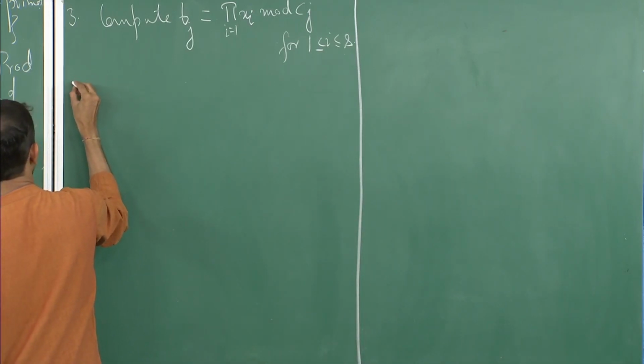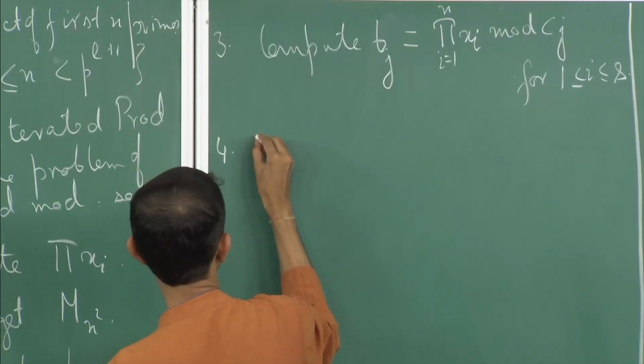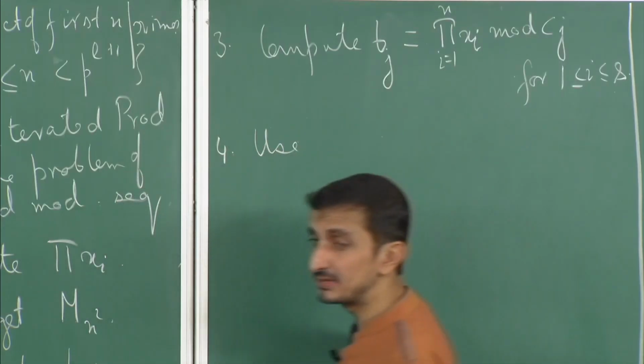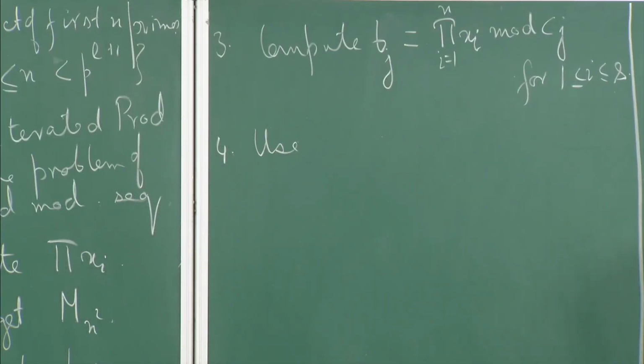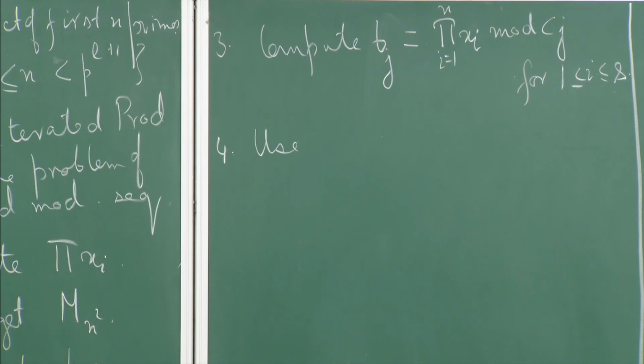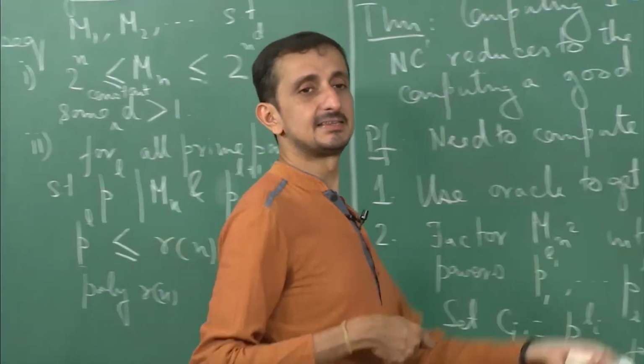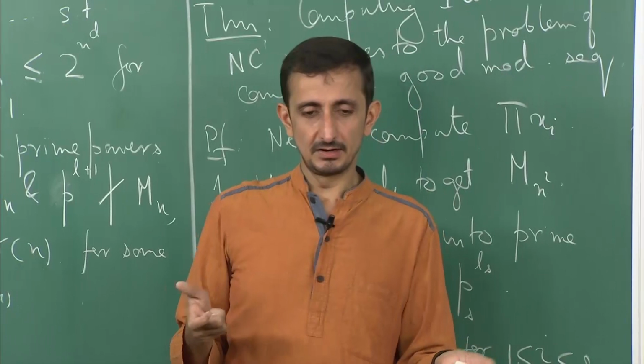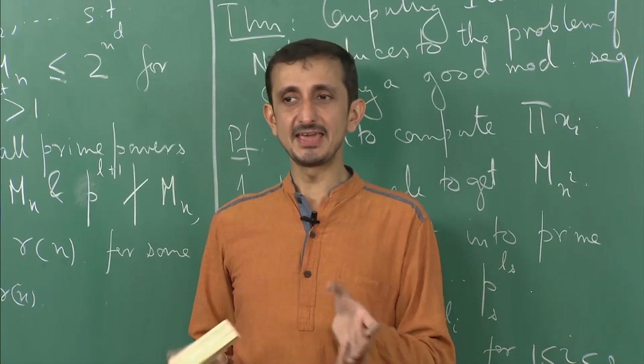Now, what happens if I use Chinese remaindering? Recall what the Chinese remaindering problem was. Given n relatively co-prime numbers C1 up to Cn, and given some x1 up to xn such that these xi's are smaller than the Ci's, there exists a unique x.